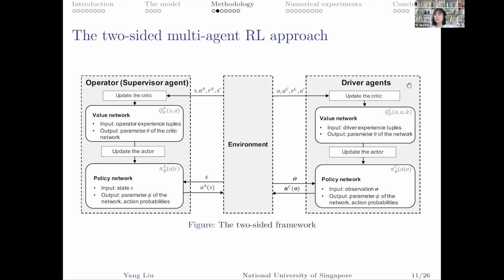The decision procedure is simulated and interacted in the same environment. The operator makes decisions such as the relocation of the AV and the optimal commission fee, and then the driver decides where to go after they complete one order.